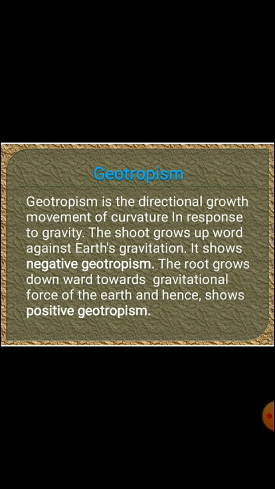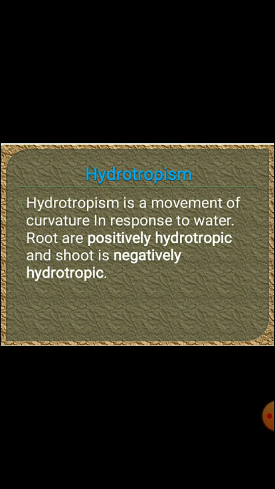In this case, gravitational force is the stimulus, while the root cap, nodes, and shoot apex are the regions of gravity perception, and the zone of elongation in both the root and shoot are the regions of response. Let's move on to another topic, which is hydrotropism.